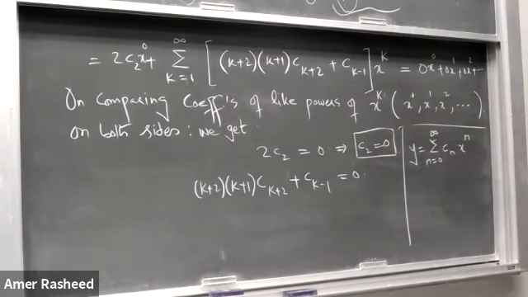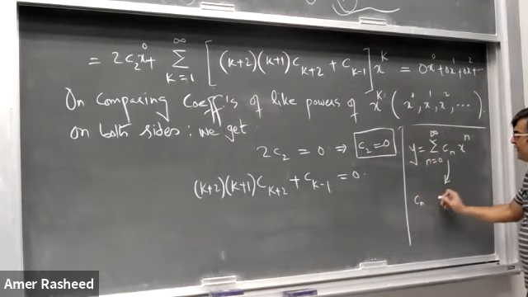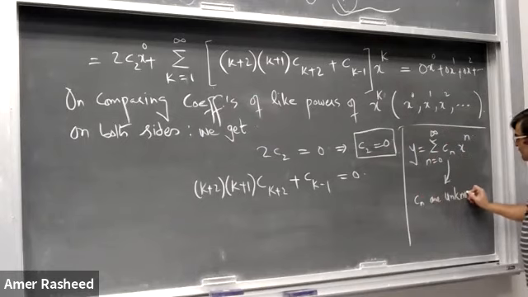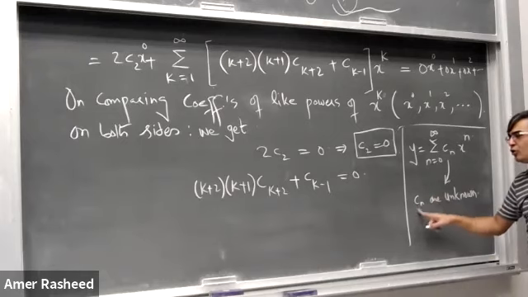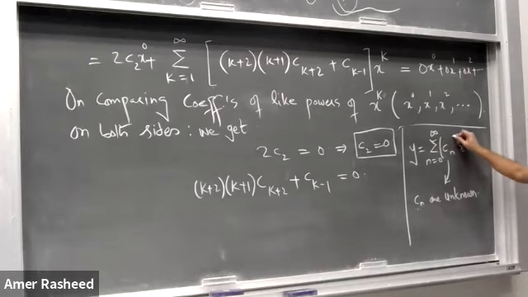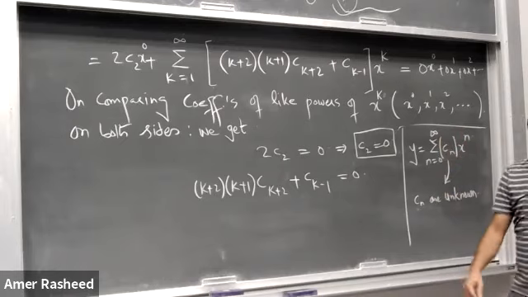This was our assumed solution. But these coefficients cn are unknown. We have to find these unknown coefficients. If we can find them, we will simply put them here and we'll get the solution.